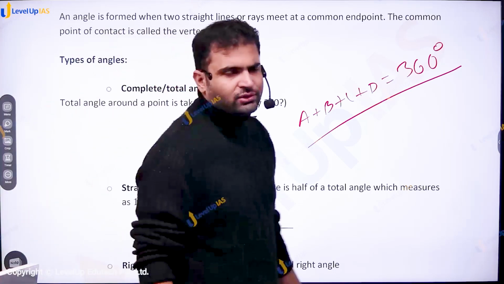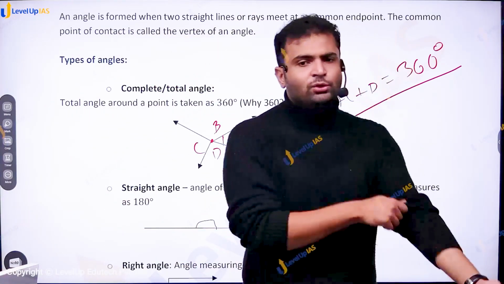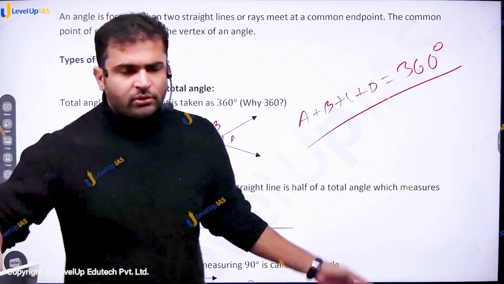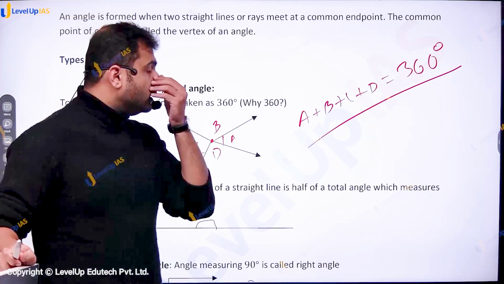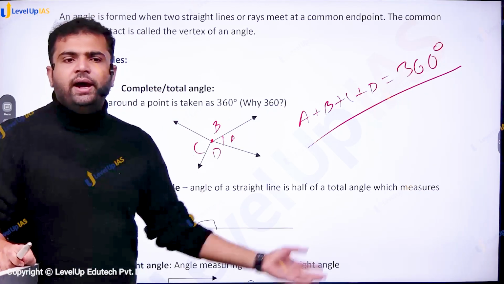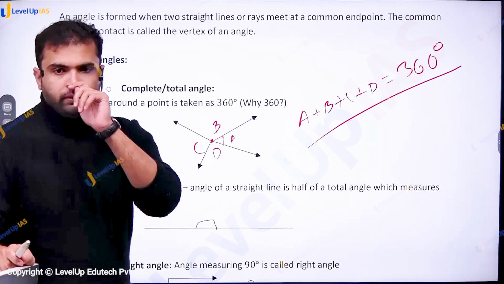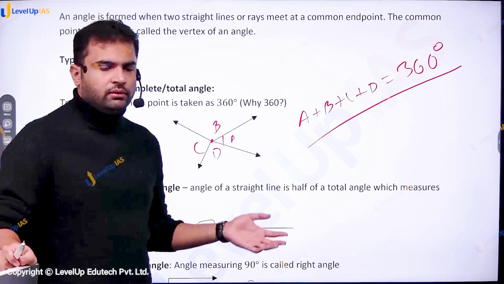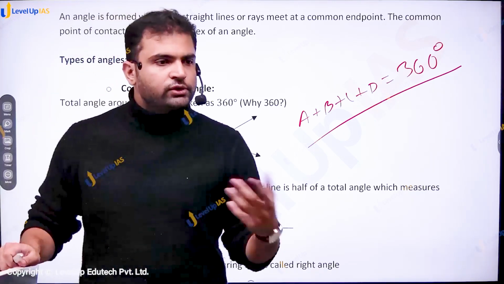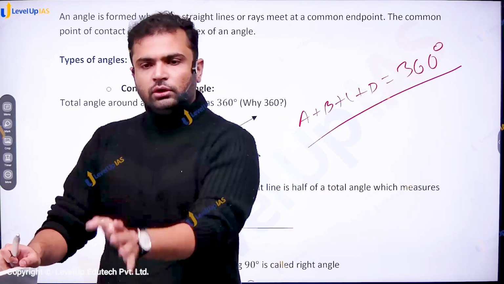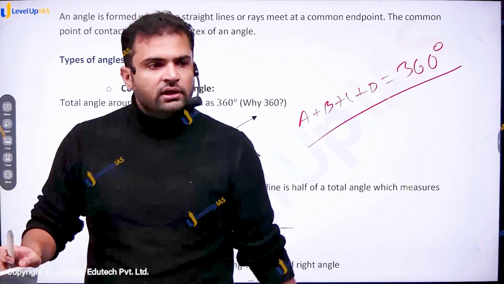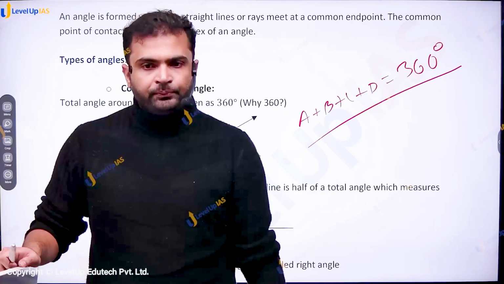It is actually a bit of a convention. There is no mathematics behind it, because the ancient Babylonians, when they were working with geometry, had a base 60 system of numbers. For example, we use the decimal system. From 0 to 9 digits we have, and whenever we want to go to the next digit, we write it as 10, right?